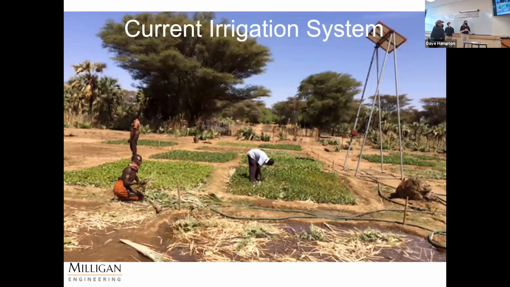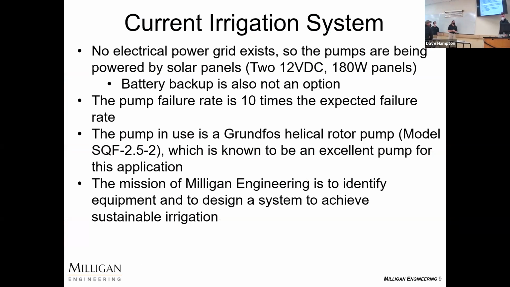So real quick, we're just going to go through their current irrigation system. You can see in the picture what it looks like in Turkana, Kenya. You can see the 2 solar panels up high, and you can see the crops that they have, their current system. In Turkana, Kenya, of course, there's no electrical grid power. These pumps are DC. They have 2 12-volt DC panels, 180 watts.